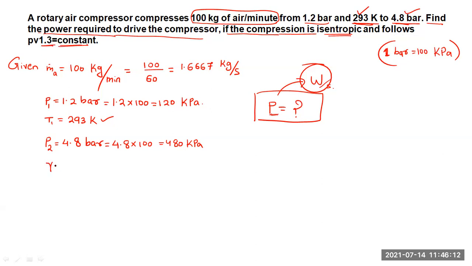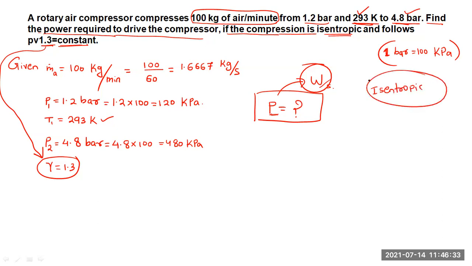So the gamma value we can take as 1.3, and the process is an isentropic process. We have to calculate the work done per second, or power required to drive the compressor.